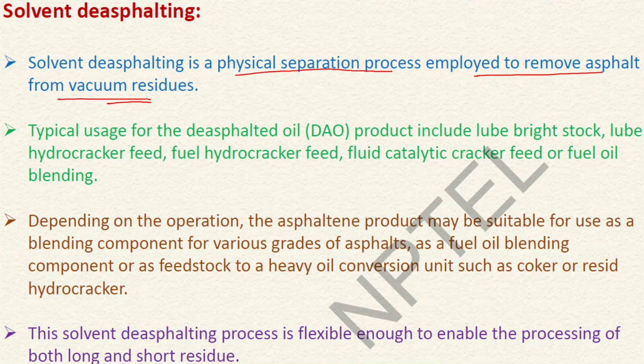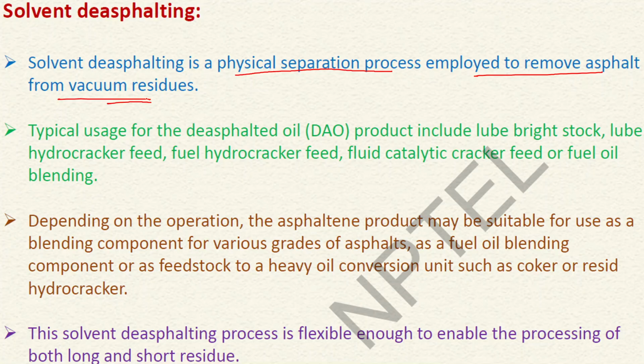Basically, they are long chain polymer hydrocarbons, very rich in carbon content, and they are very heavy compounds present in the heavier residues. These are basically condensed or polymerized hydrocarbons which are present in the heavier residue, mainly in the atmospheric distillation unit and vacuum distillation unit.